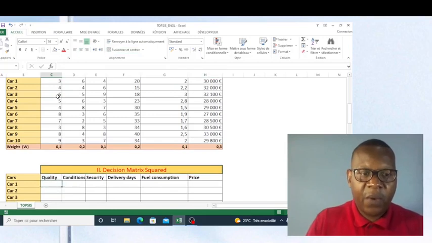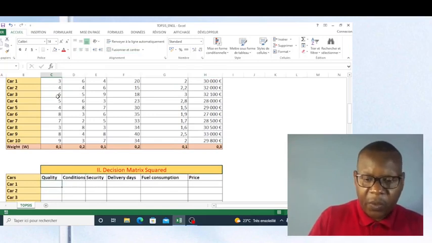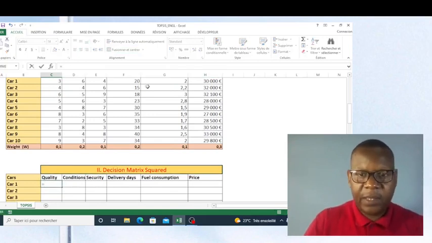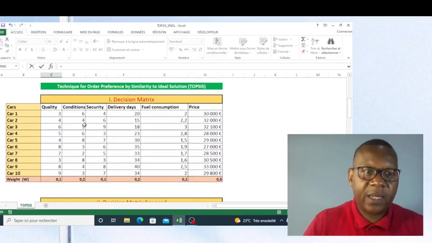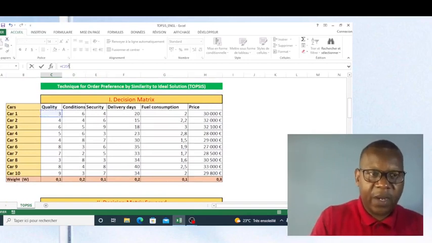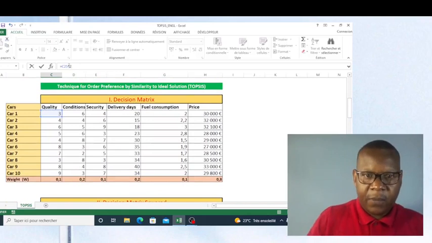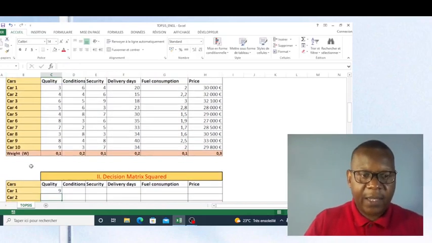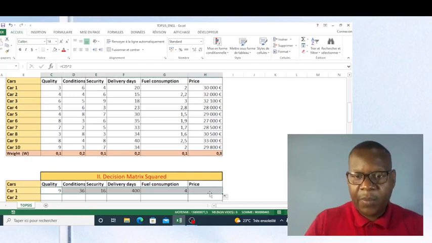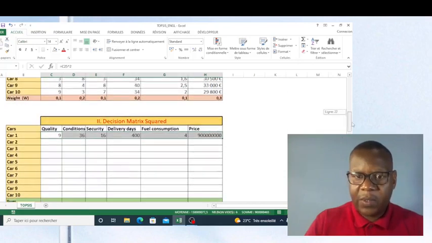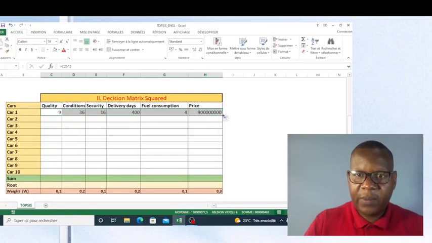The first thing we have to do is to square all the values of our decision matrix. I take this value, square it, and press enter. Then I can copy this formula, as we are using Excel. This is the square of our matrix, as you can see here.